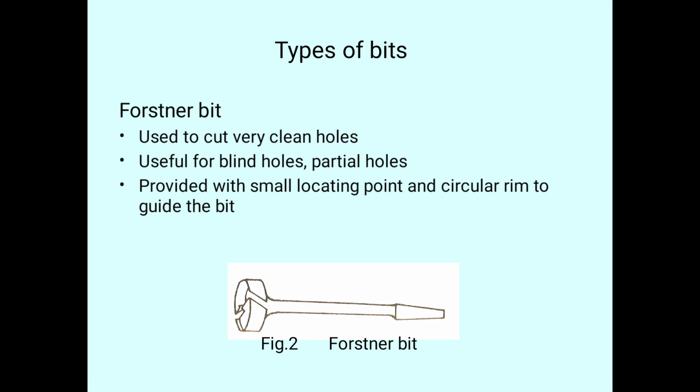It can be used for making holes of 10 to 30 diameter. If you want to produce a hole of 10 to 30 diameter, we can prefer the Forstner bit.